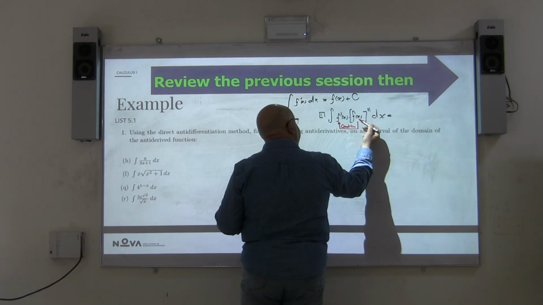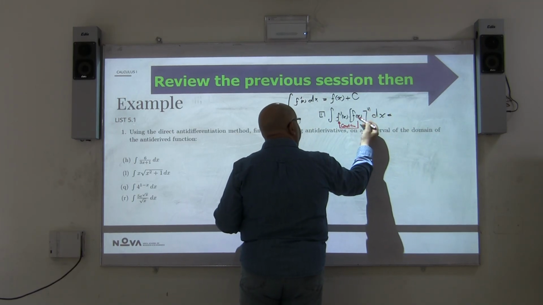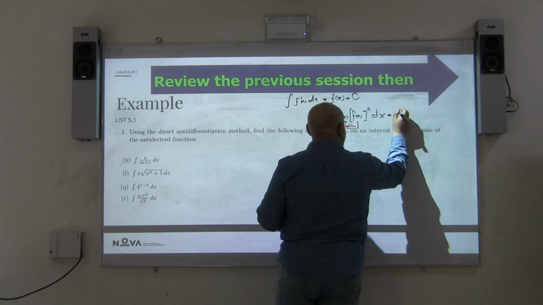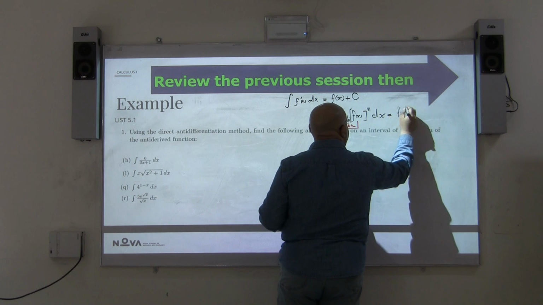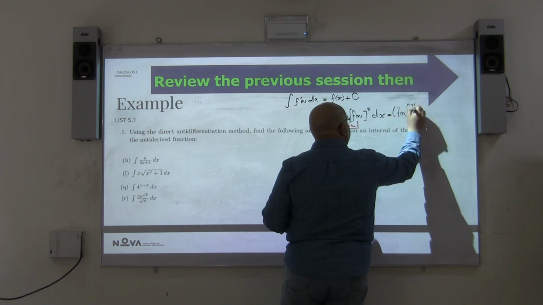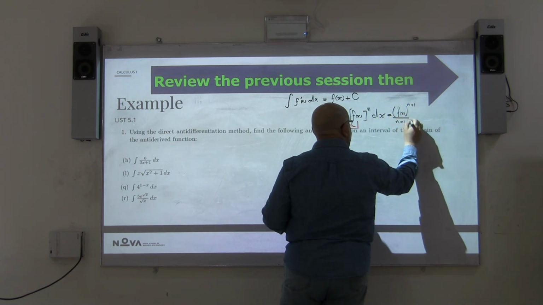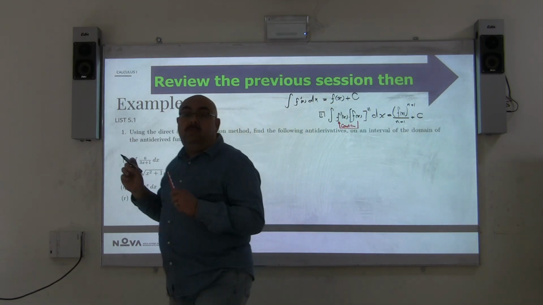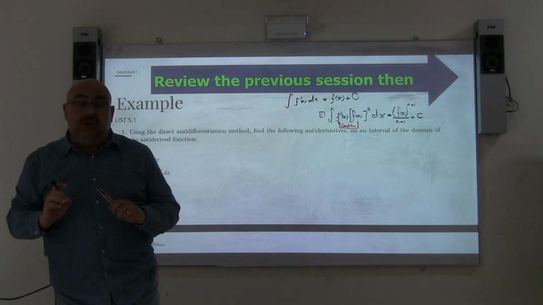So if I have f of x to the power of n times f dash x, then the integration will be really very simple. It's going to be f of x to the power of n plus 1 divided by n plus 1 plus a constant. This is a very important law, one of the most important laws in integration.